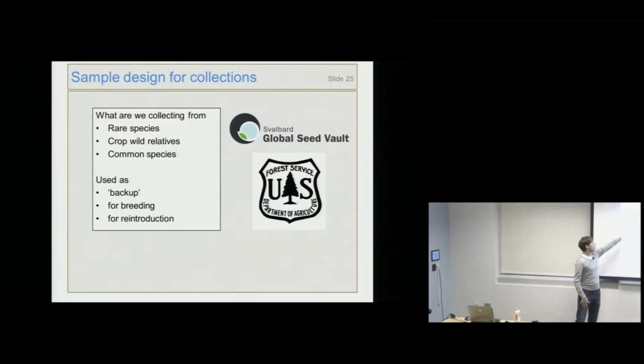In some cases, we're also collecting from common or rare species in order to establish a seed orchard, which is a place where we make lots and lots of seed in order to reintroduce or restore a habitat. So there are a couple of different reasons to collect seed.